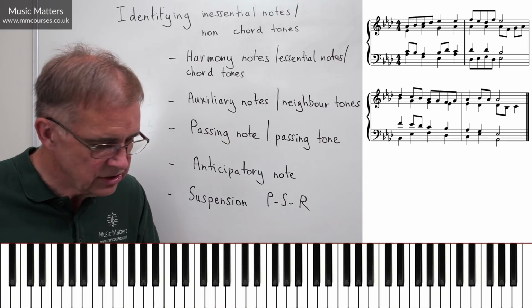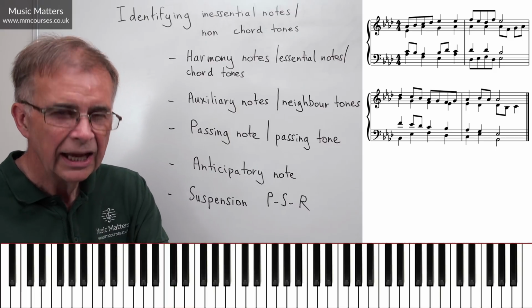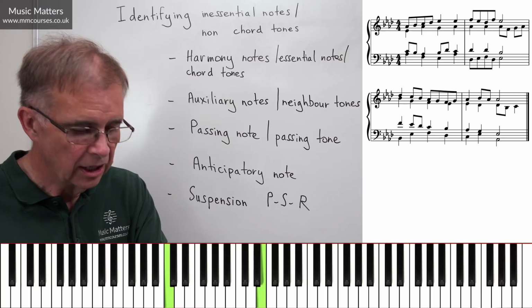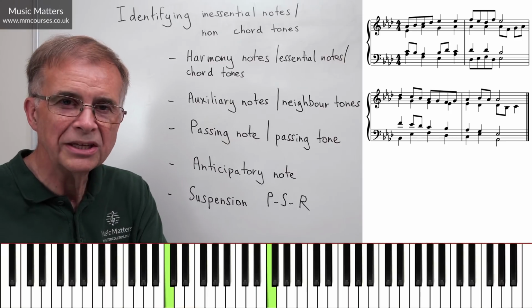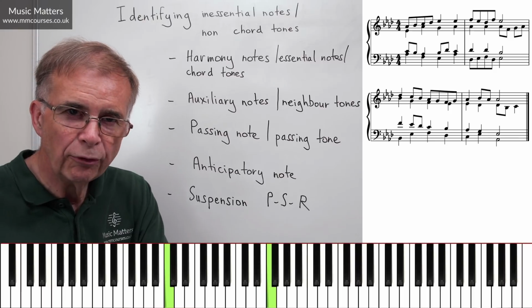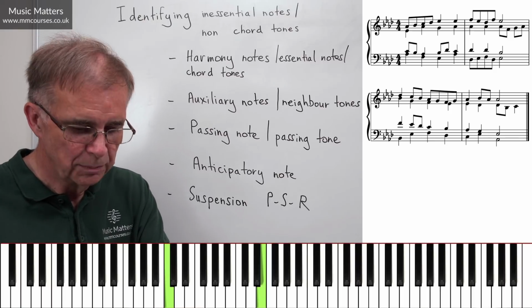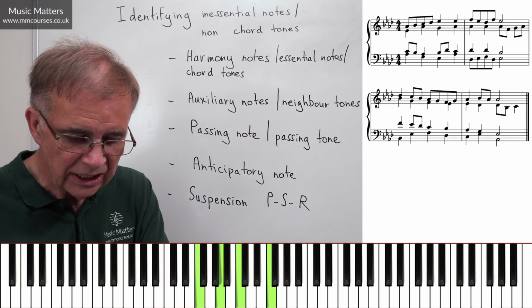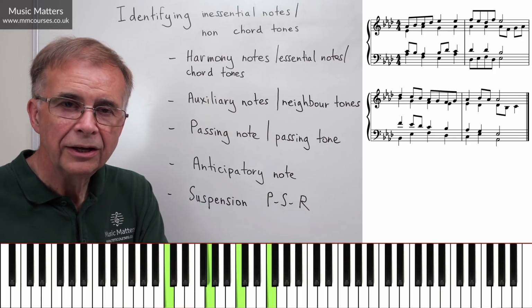So when I get to SR, I've got C in the bass, and I'm going F, that's S, E, that's R, isn't it? So it's the 4th above the bass note to the 3rd above the bass note. So I say this is a 4-3 suspension. So I don't number the P, but I number the SR 4, 3.